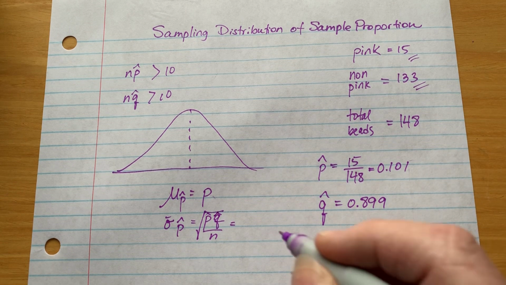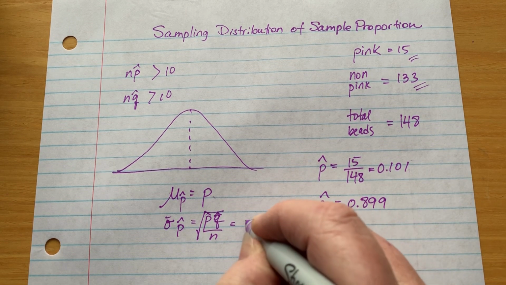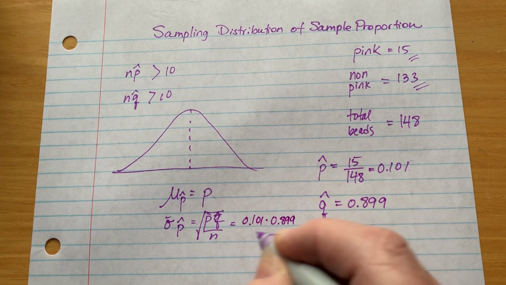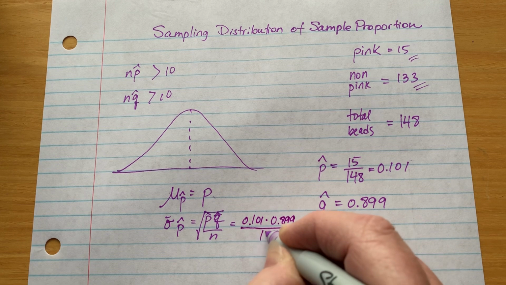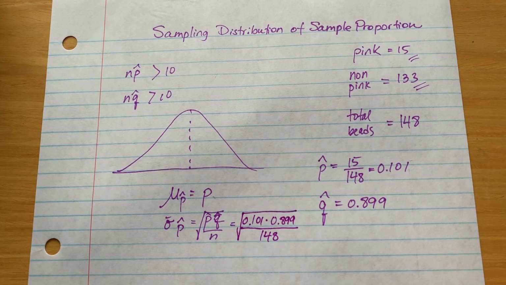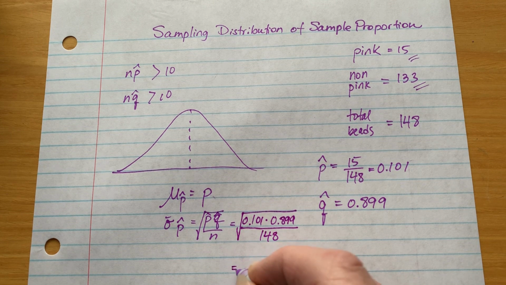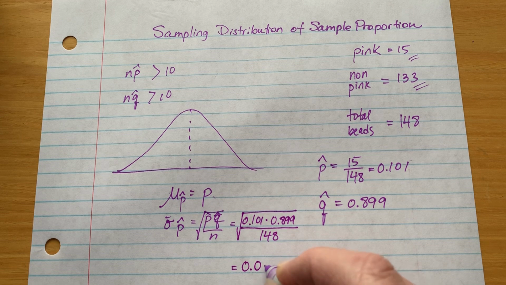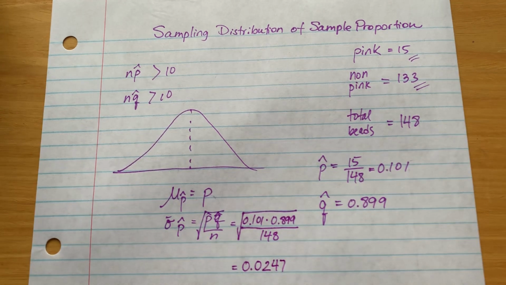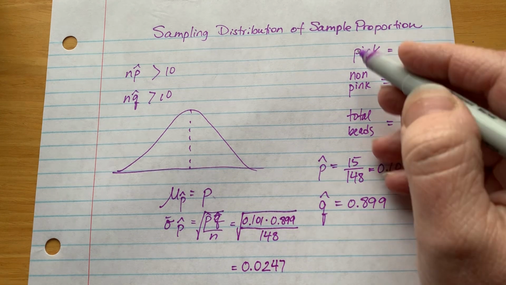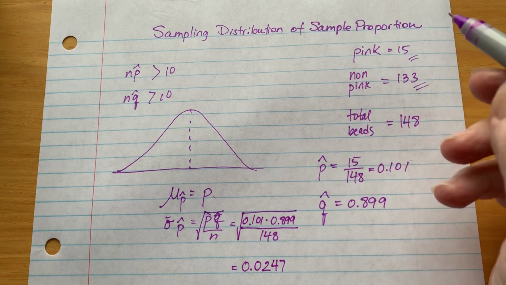So I have the square root of 0.101 times 0.899 divided by 148. If we do the math, we end up with 0.0247. That's the standard deviation of my sampling proportion. I'm sorry, I take it back, of my sample proportion.